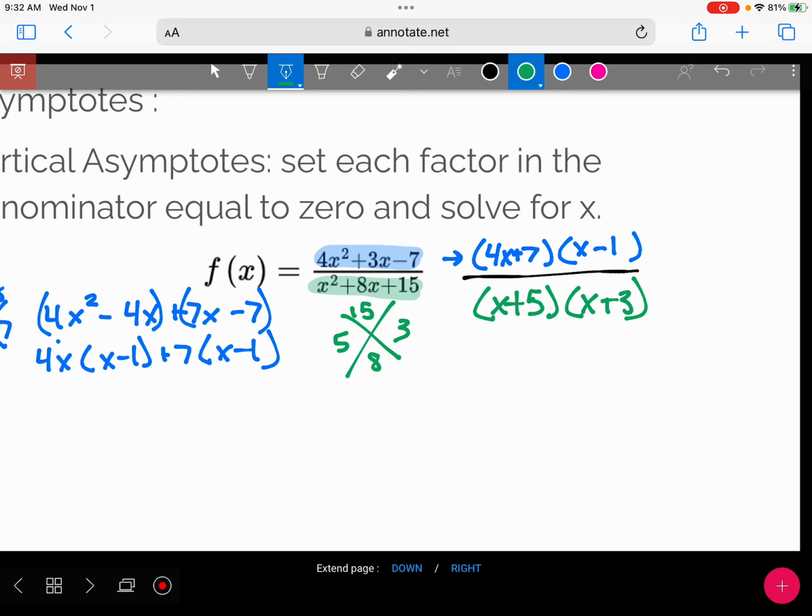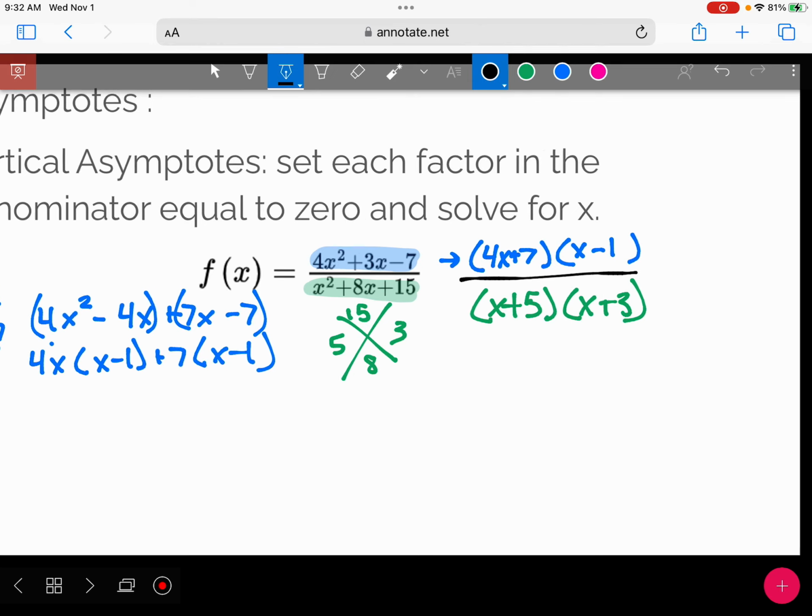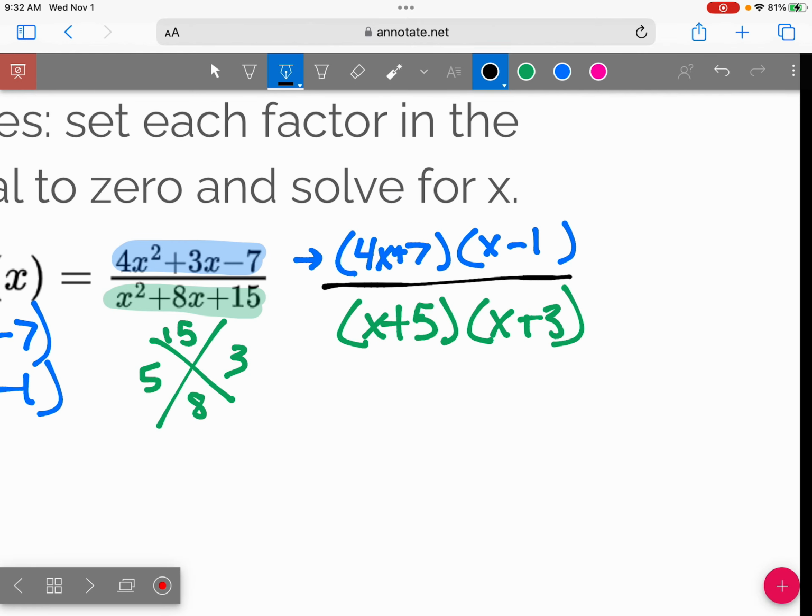Do we have any removable discontinuities? No. So to find our vertical asymptotes, it's where our denominator is 0. So where are our vertical asymptotes? Yep. We're going to have a vertical asymptote where x equals negative 5. Since it's a vertical asymptote, we're going to write it as a line: x equals negative 5.